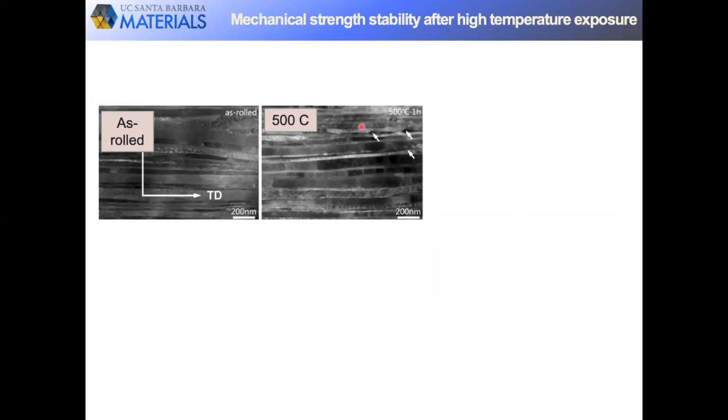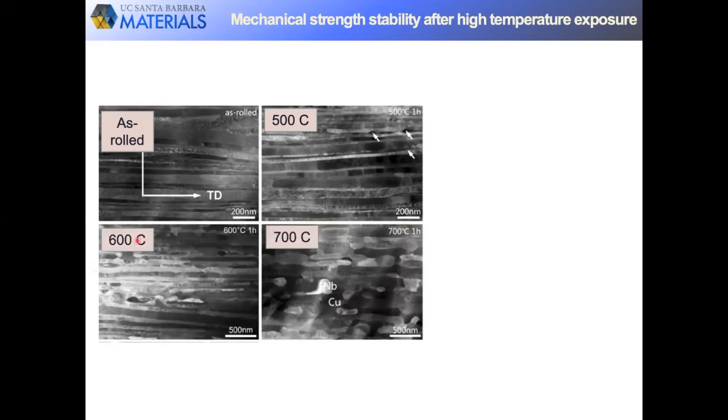Up to about 500 degrees C, there's absolutely no sign of exposure to thermal temperature, except maybe a few areas of pinch off. And even after 600 degrees C, we still maintain on average the layer thicknesses, but we see more regions of pinch off.